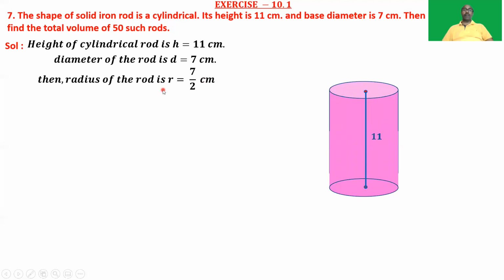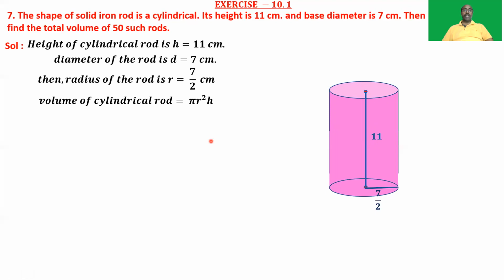Then the radius of the rod r is half the diameter, that is 7/2 centimeters. Now we have to find the total volume of 50 such rods. By finding the volume of one cylindrical rod, we can find the total volume of 50 rods. So let us find the volume of one rod, which is cylindrical in shape.